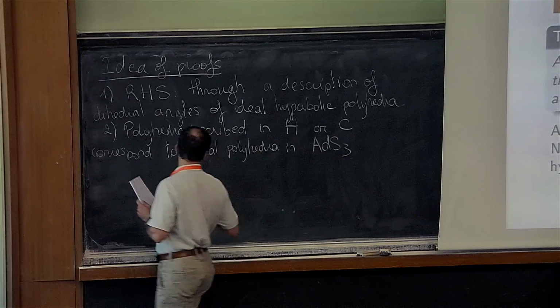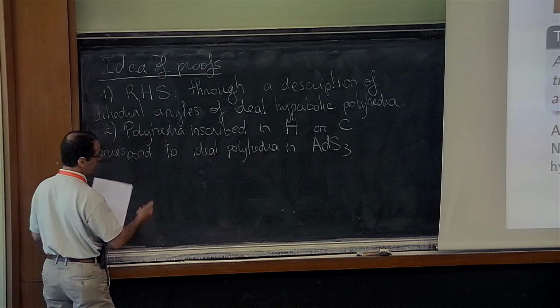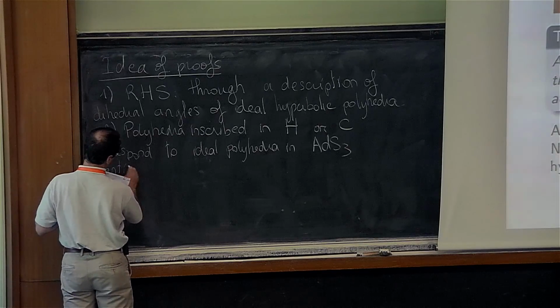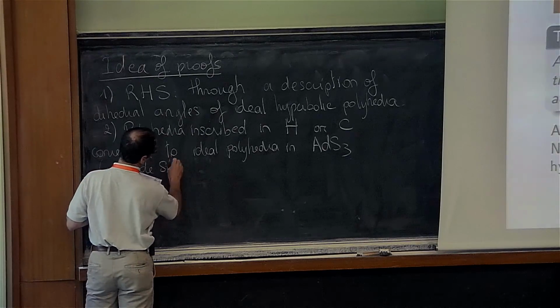And ADS3 is some analog of hyperbolic space, but it's a Lorentzian analog. It's called the anti-de Sitter space, and I'm going to explain what it is.